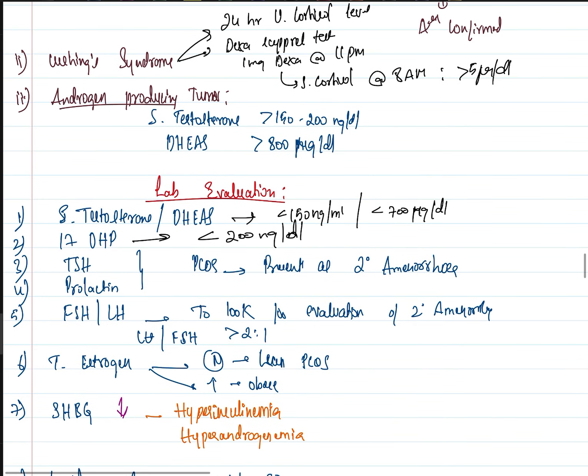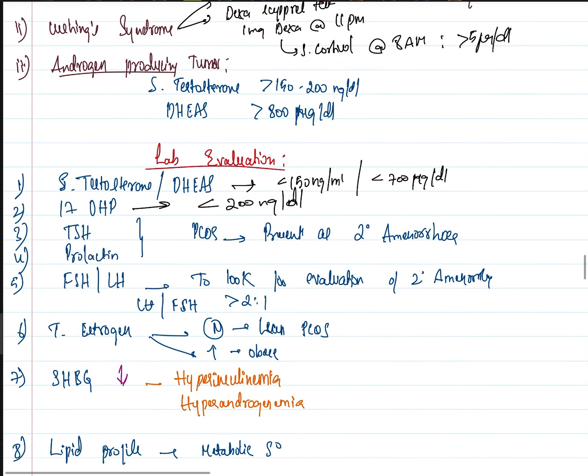So how do we evaluate a woman coming to you with features of PCOS? Need not always evaluate. You have to screen a woman who comes to you with features of PCOS for metabolic syndrome as well, and you can get serum testosterone and all if you want, otherwise it's not mandatory.